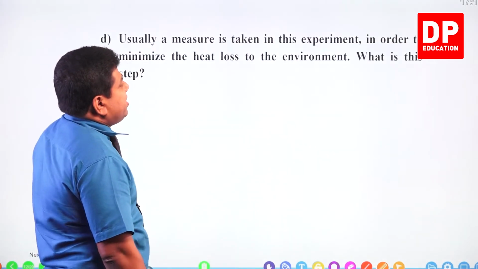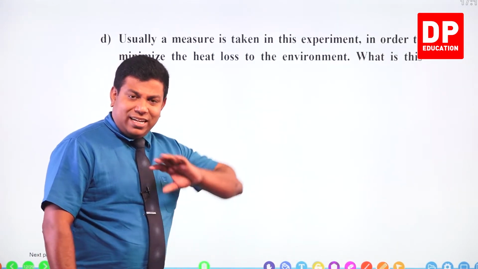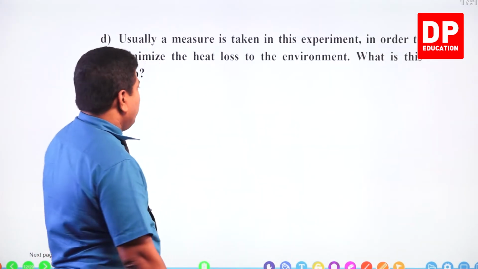Usually a measure is taken in this experiment in order to minimize the heat loss to the environment. What is this? Taking 5 degree above and 5 degree below.